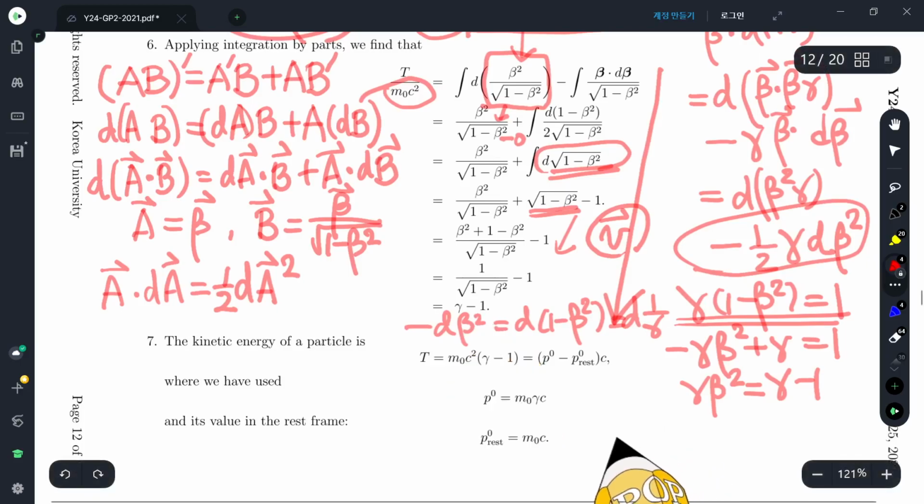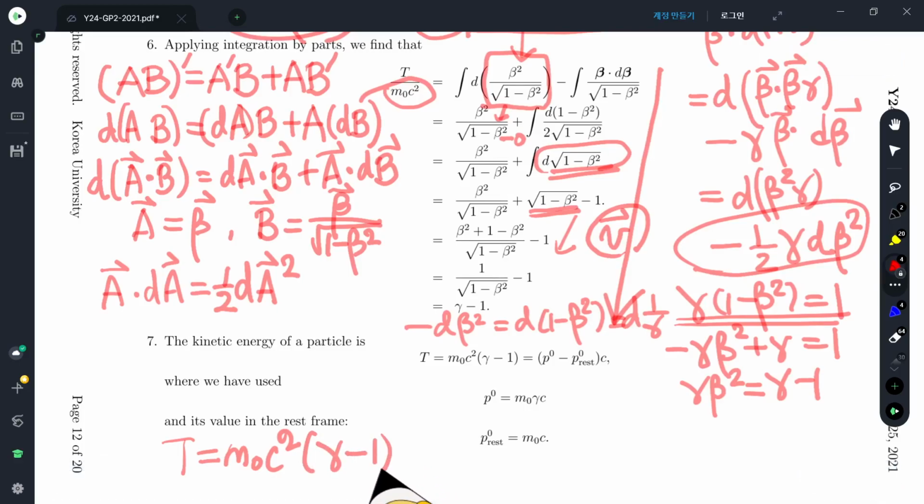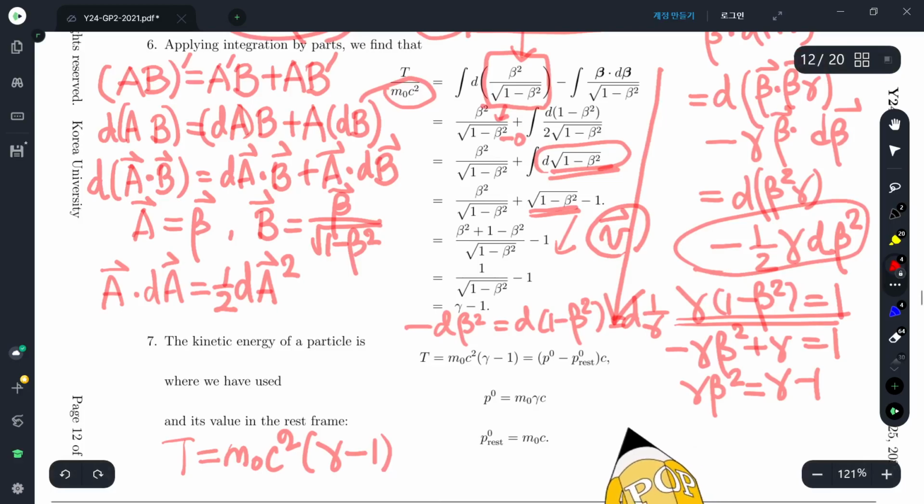What does it mean that the kinetic energy in units of m0c squared is gamma minus 1? The Hamiltonian, the total mechanical energy, is the sum of kinetic energy. Here I used T instead of K.